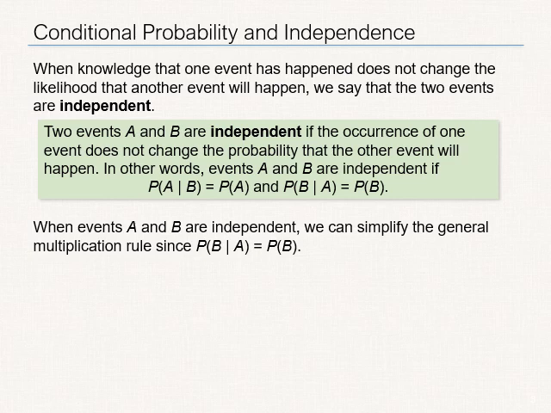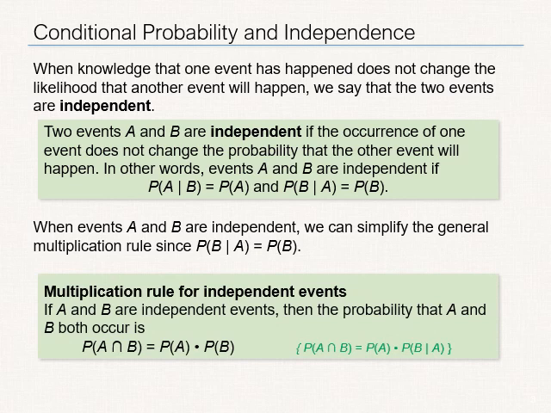All right, and if they are independent, then instead of using the probability of B given A, we can just substitute that with the probability of B. The general rule down here for the probability of A and B is the probability of A times the probability of B, given that A has already happened.